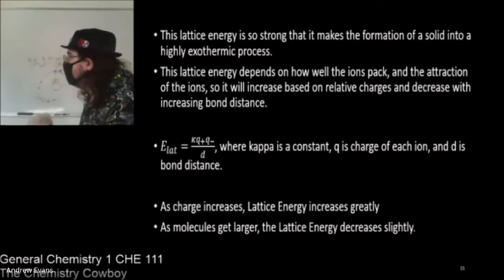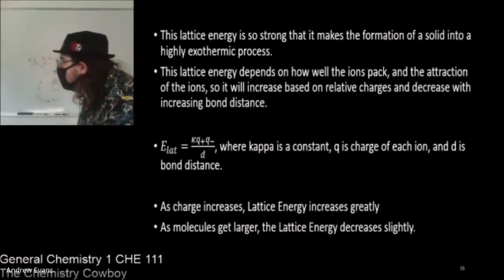You will not need to use this actual equation right here, but typically you can make a broad sweeping generalization about this. And there is one question on the homework about this, that basically the energy is equal to a constant. You don't need to know it. The charge as a whole integer value of each ion, and D is the bond distance between them.